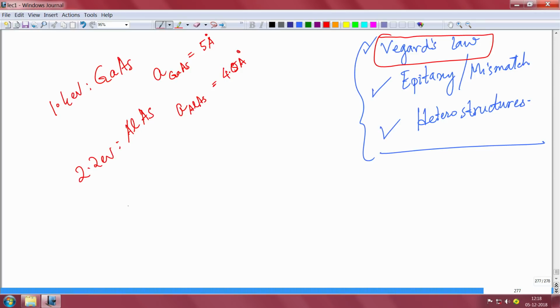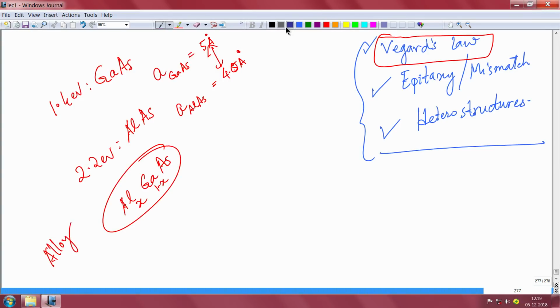Now what will be the lattice constant of aluminum gallium arsenide, which has x aluminum and 1 minus x gallium? It will be somewhere in between, right? Of course it has to be somewhere in between, because this is an alloy.